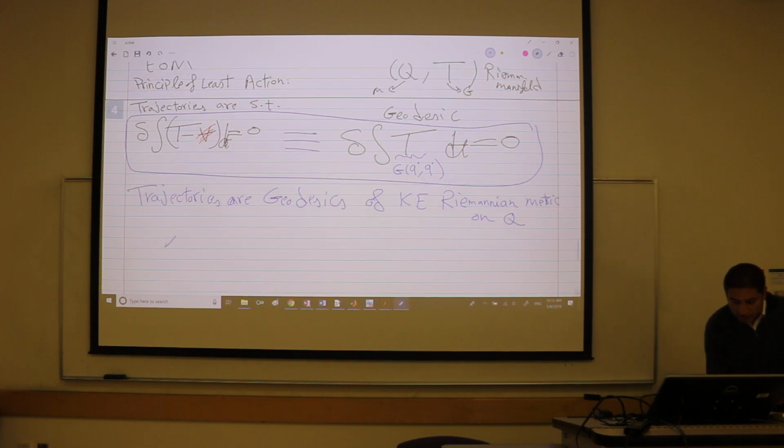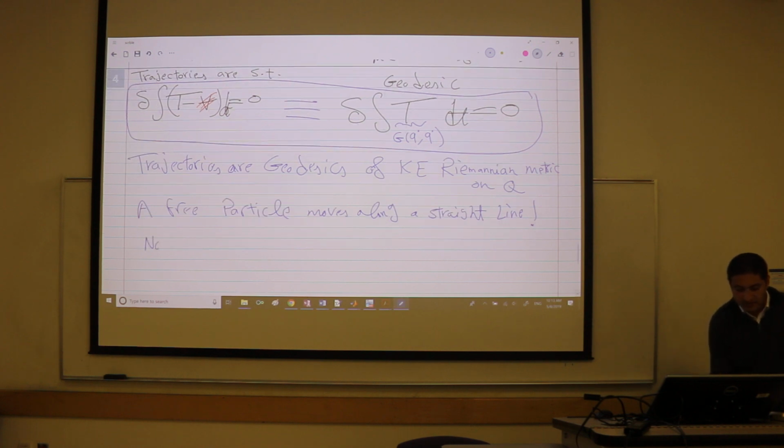In other words, your trajectories of a free particle, when you look at it from this perspective, a free particle moves along a straight line, correct? When you look at it from this perspective, it's nothing actually but Newton's first law.